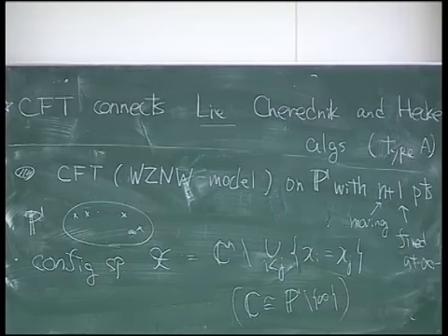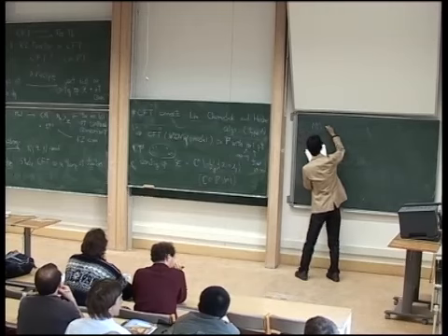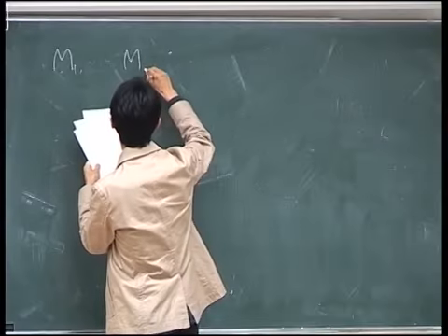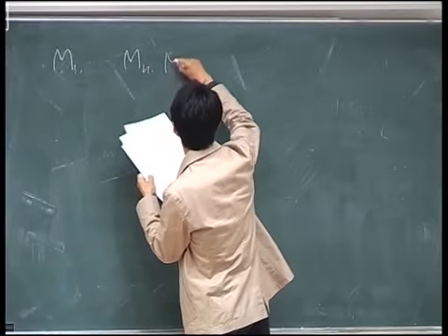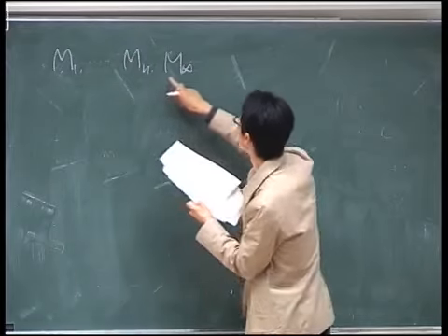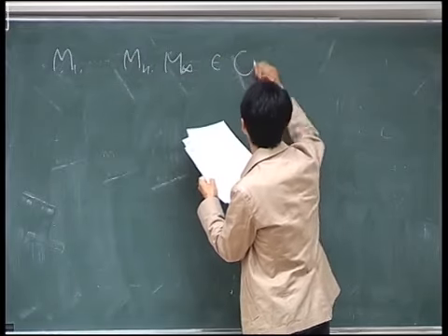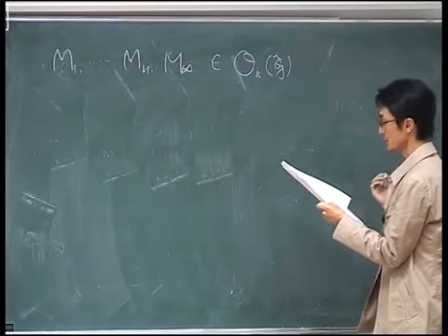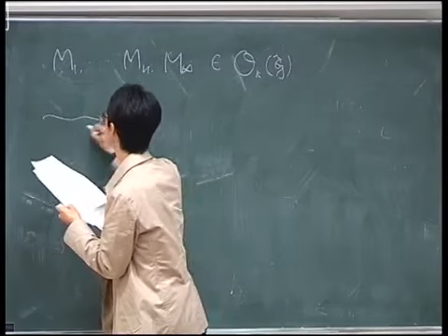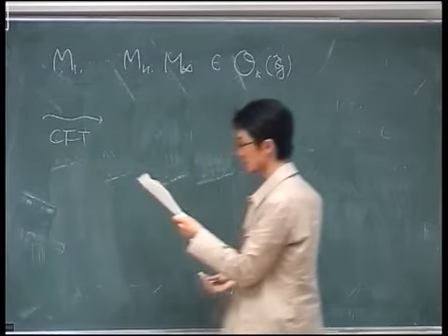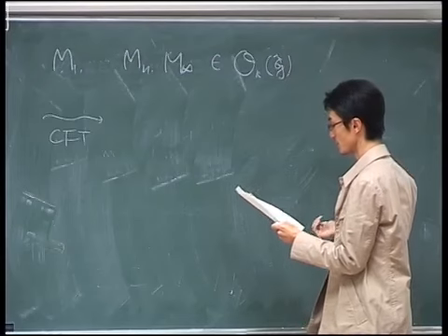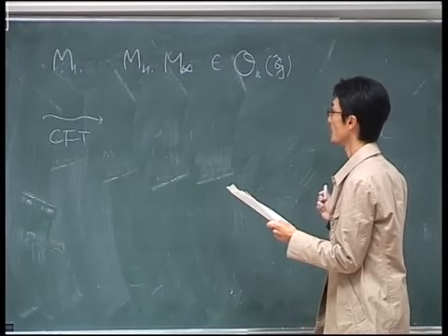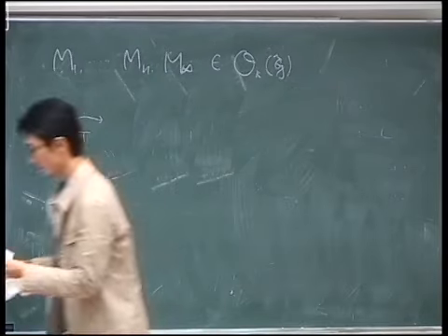So if we choose n plus 1 points, denote m1 to mn and m infinity from O kappa G hat, then CFT gives the vector bundle of conformal co-invariants and a connection on it.